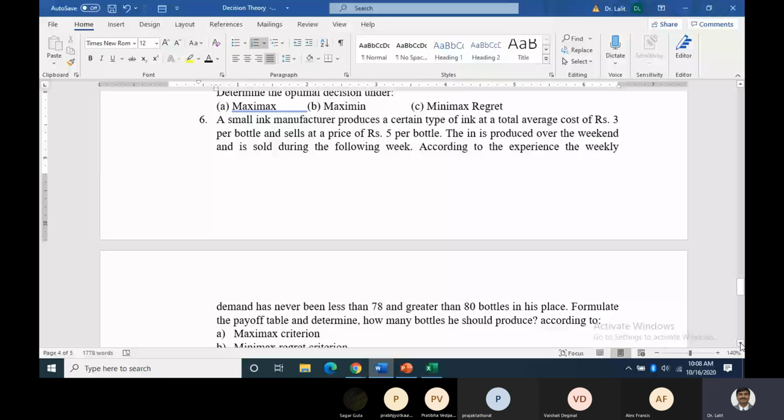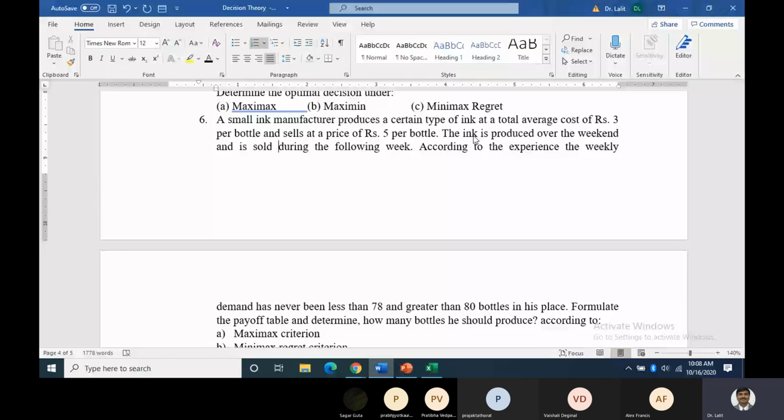See, in this question it is given that a small ink manufacturer produces a certain type of ink at a total average cost of rupees 3 per bottle and sells at a price of rupees 5 per bottle. Okay, the ink is produced over the weekend and is sold during the following week.